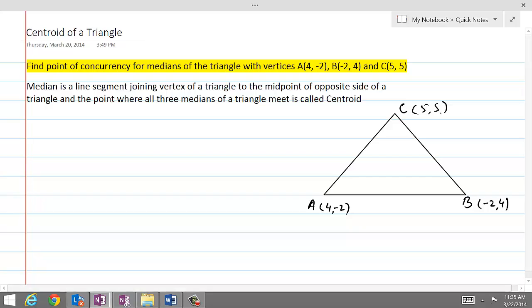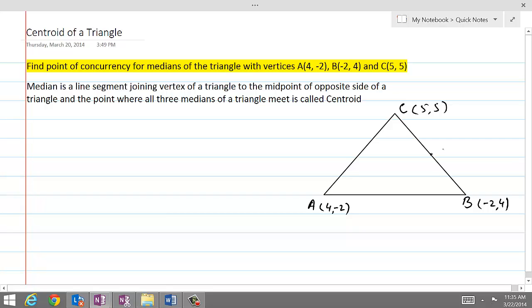defined as line segments joining a vertex of a triangle to the midpoint of the opposite side of the triangle, why don't we find the midpoints of these sides first? So let's find these midpoints.